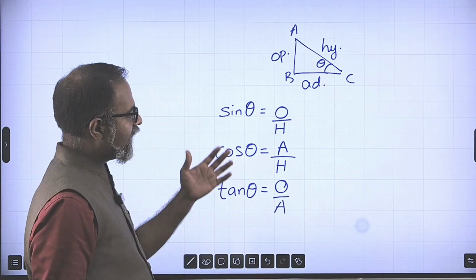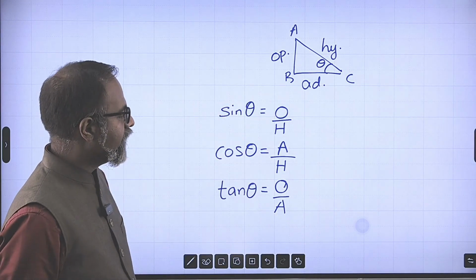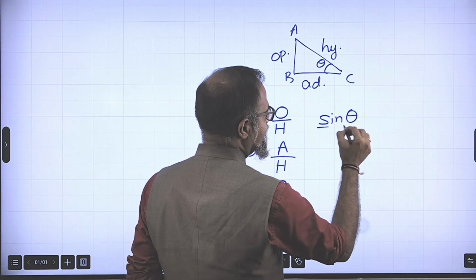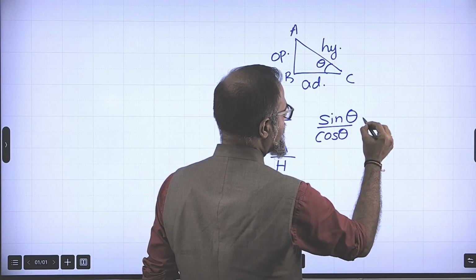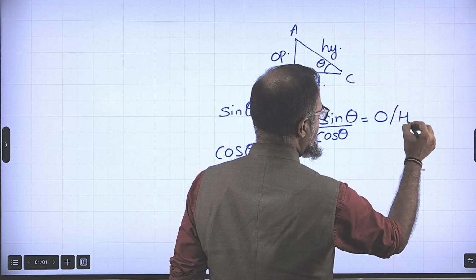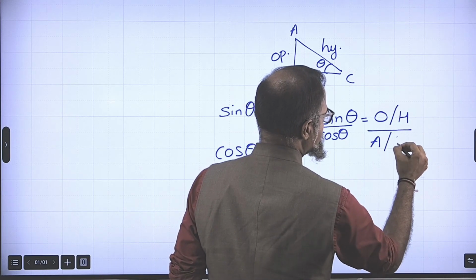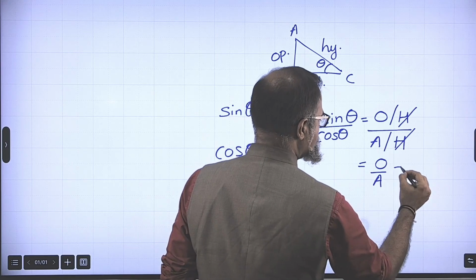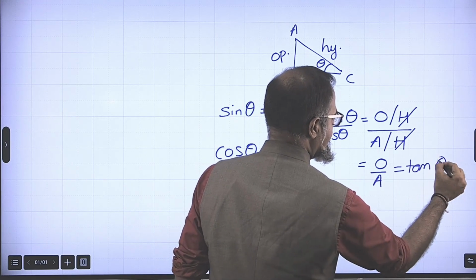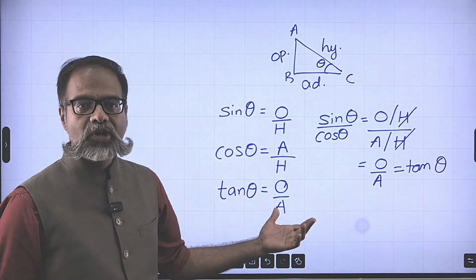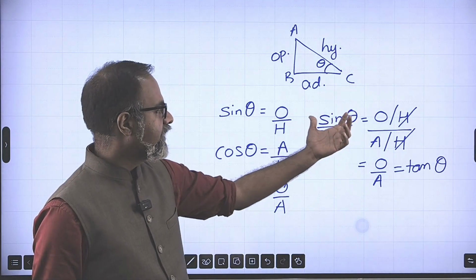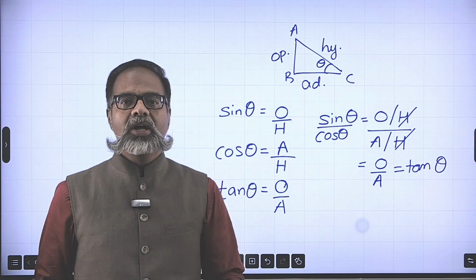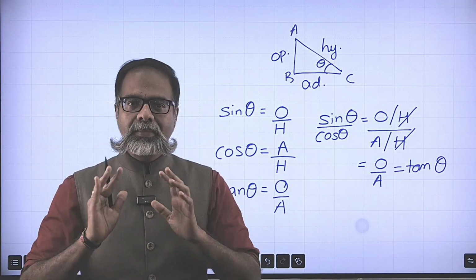So if I take a look at the three things carefully, I can quickly identify that when I take sine theta divided by cos theta, that is opposite upon hypotenuse divided by adjacent upon hypotenuse, the ratio opposite upon adjacent is nothing but tan theta. So from this we also get that the ratio of sine theta and cos theta is nothing but tan theta, correct? So I have my three basic ratios.